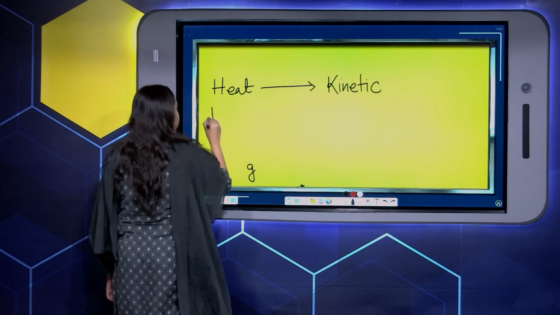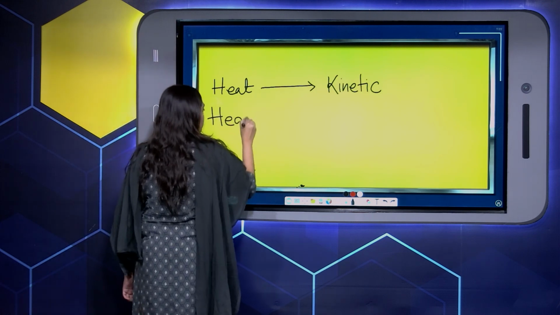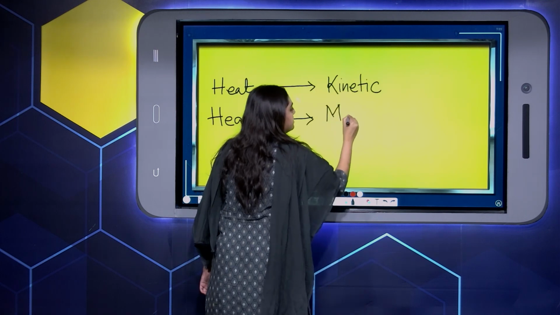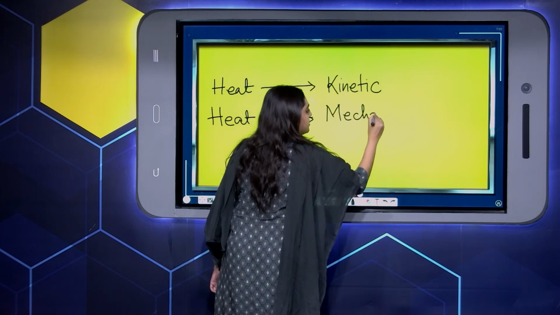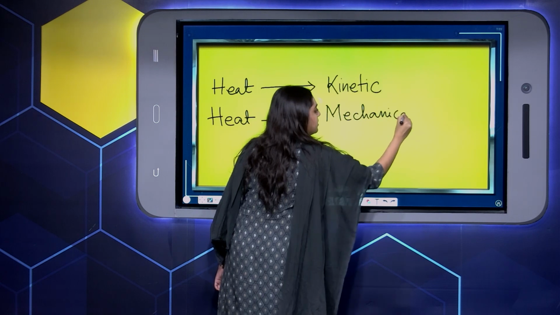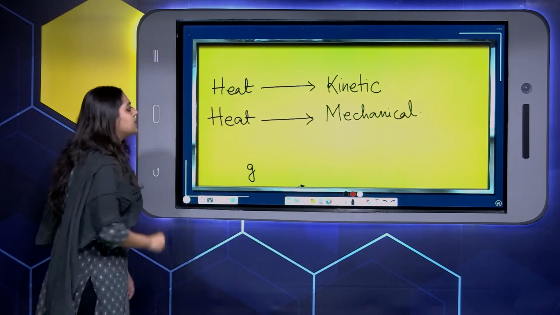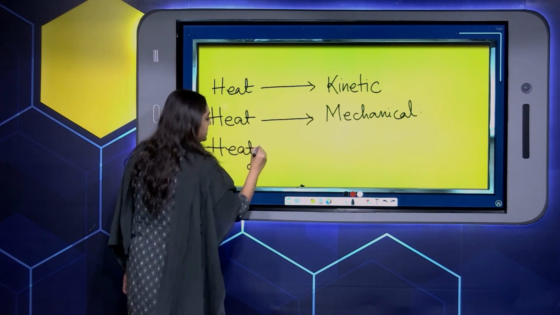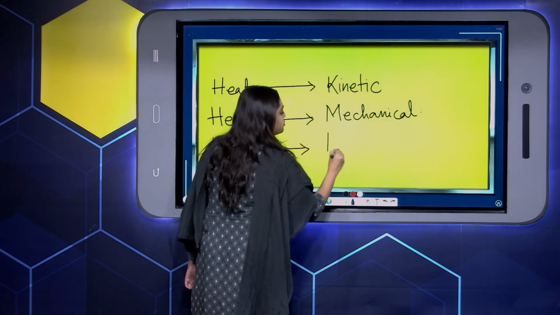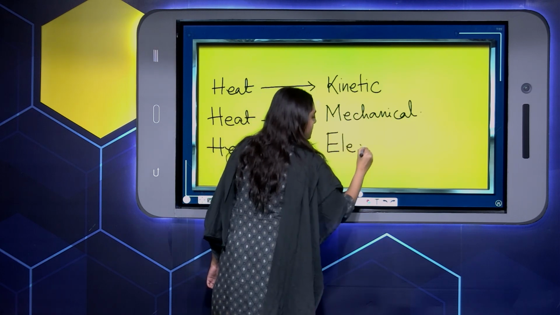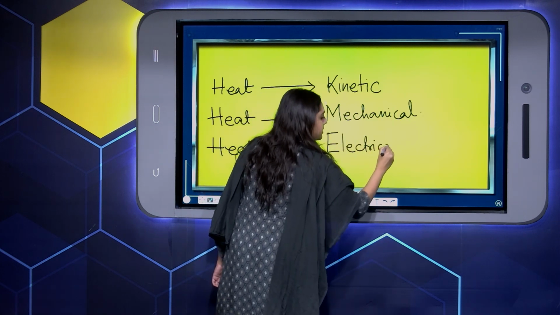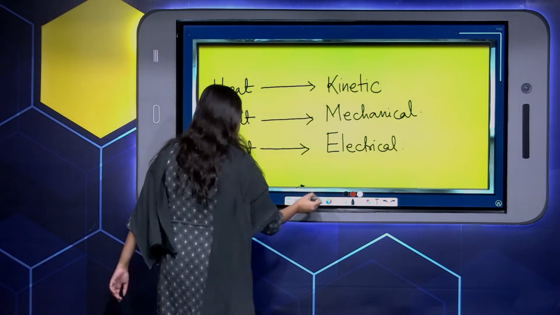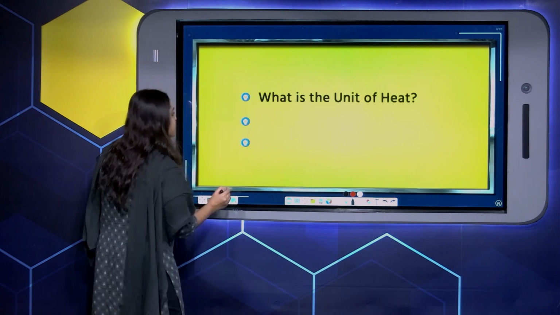Heat can be converted to mechanical energy, heat can be converted to electrical energy, and many more, right? Okay, coming to the next slide.